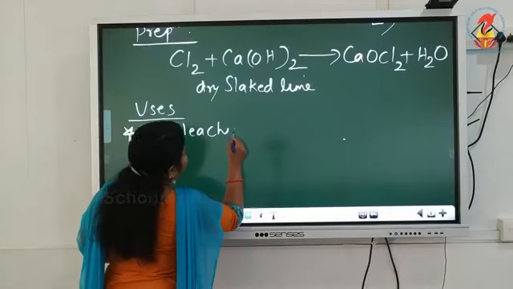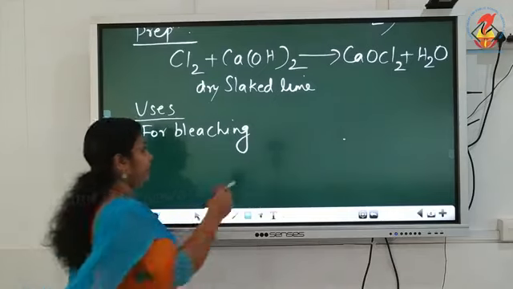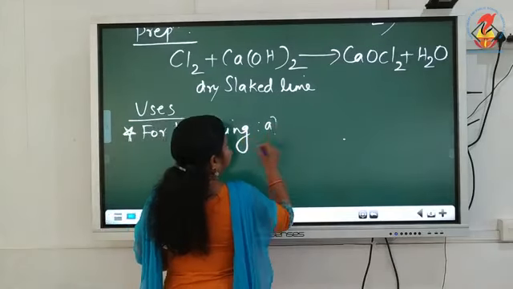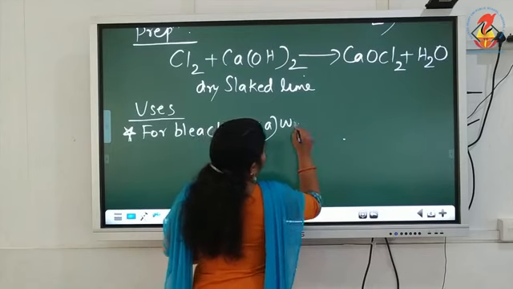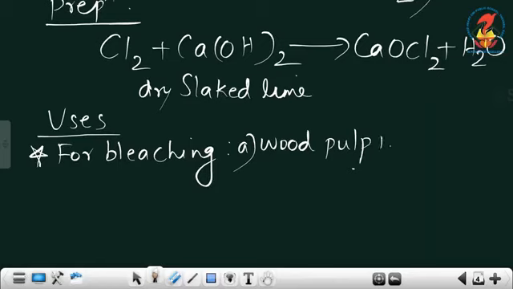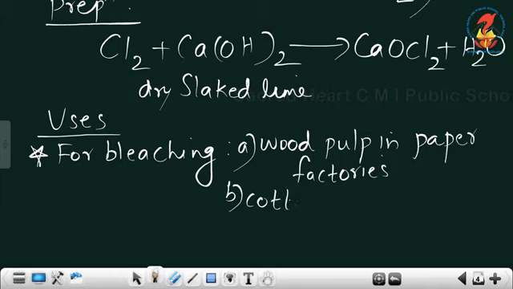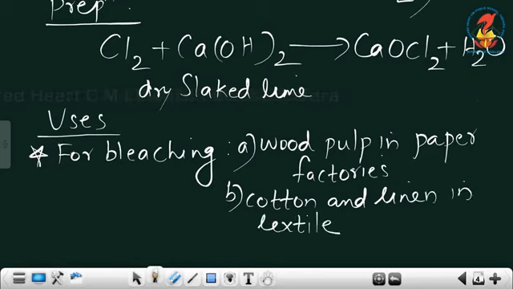Bleaching powder is mainly used as a bleaching agent for bleaching wood pulp in paper factories, and cotton and linen in textile industries.